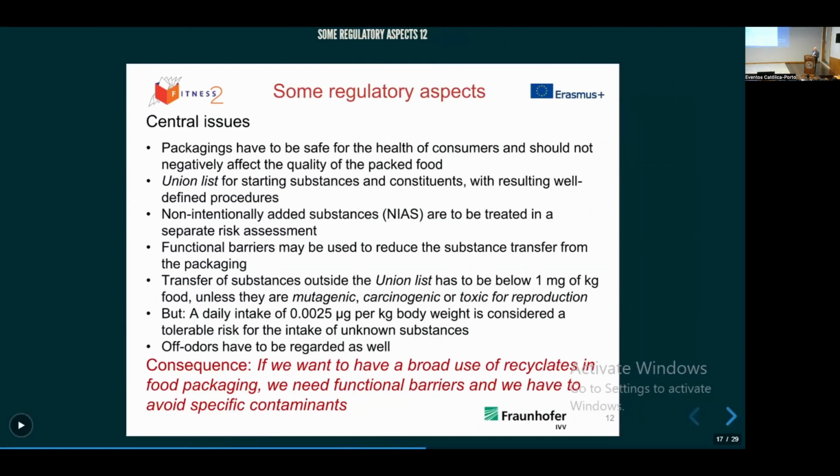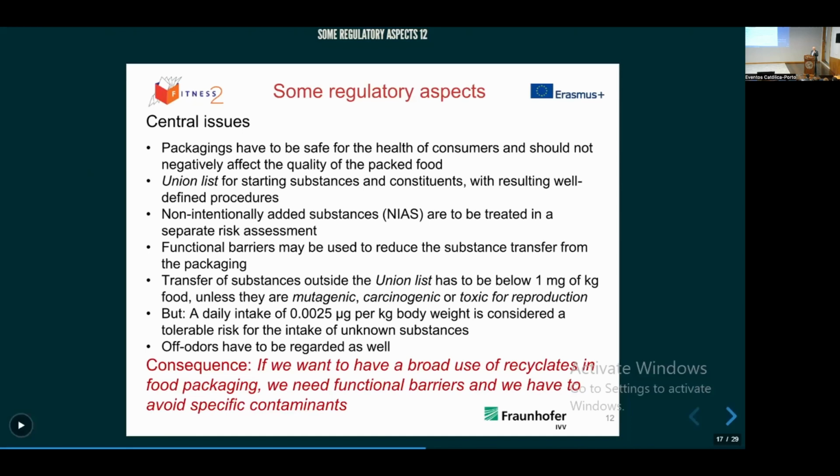Just to remind you of what most of you will already know, the central issue of the regulations concerning food contact is that the packagings have to be safe. To be safe, we have the Union list, we have the treatment of the non-intentionally added substances that are created in recycling processes, for instance. And we have the option of using functional barriers.